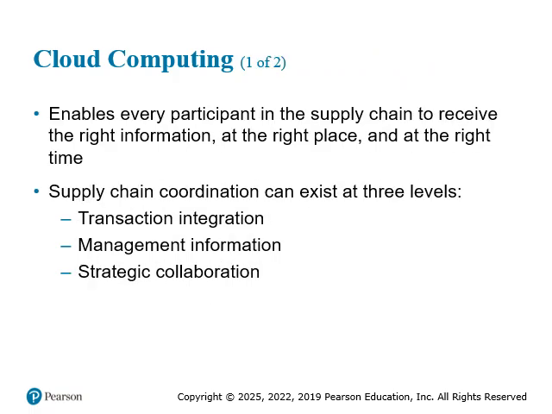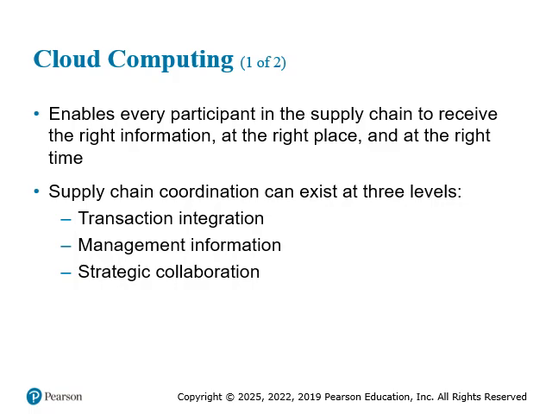So there are a few more slides to reinforce what I said on the last one, a couple with cloud computing and a couple on blockchain. So as I said, essentially cloud computing enables every participant to have, this says, the right information at the right place at the right time. Another, maybe better way to say that would be to have the same information at all times. And so it enables supply chain coordination that we might see in a variety of ways.